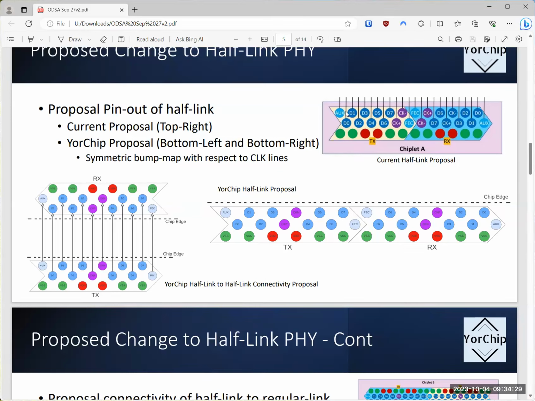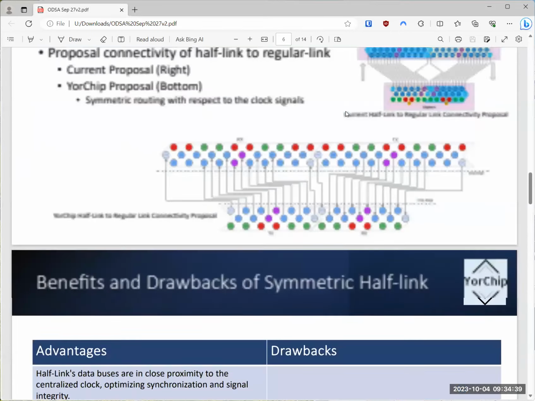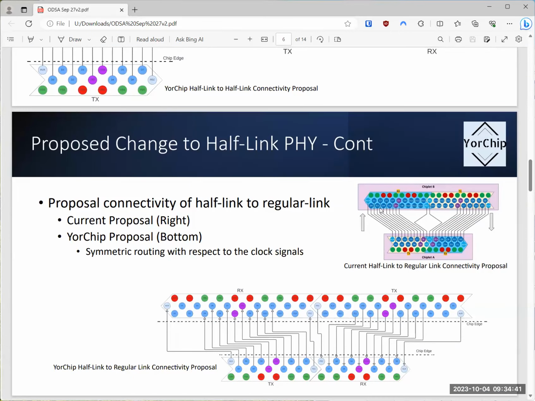So basically, the proposal is we add 2 more pins on the left and on the right. Sort of, we have basically the clock pins will sit on the left and on the right of an 8 PHY, right? Yep, exactly.